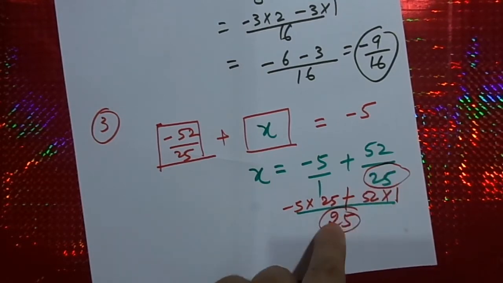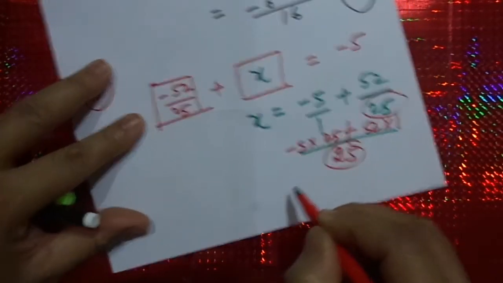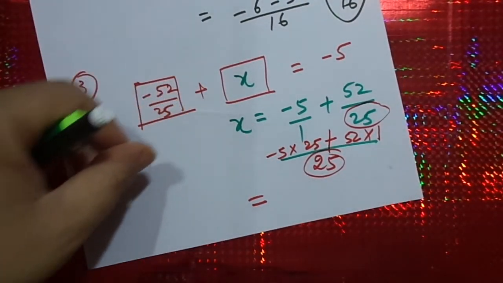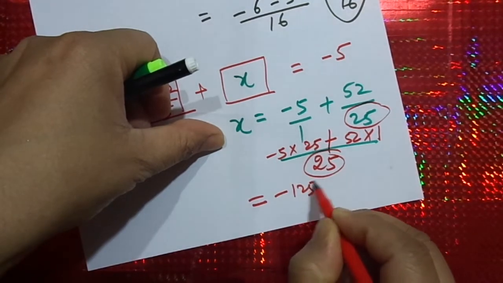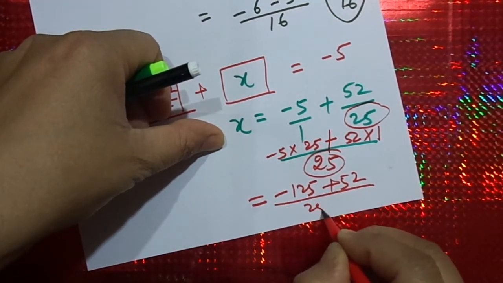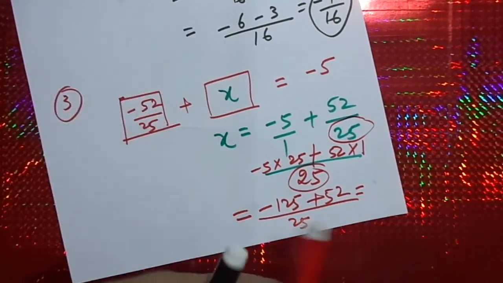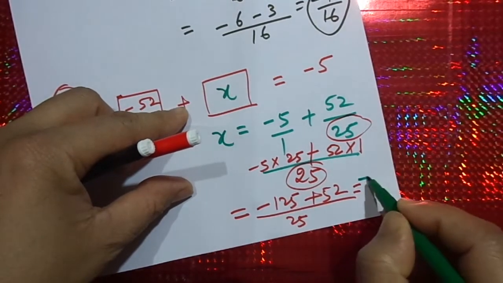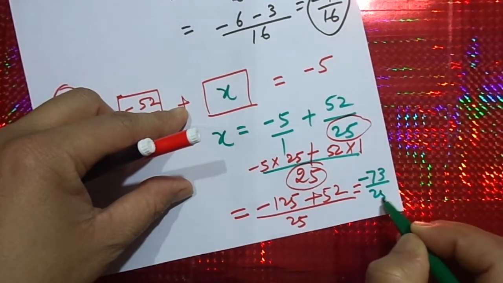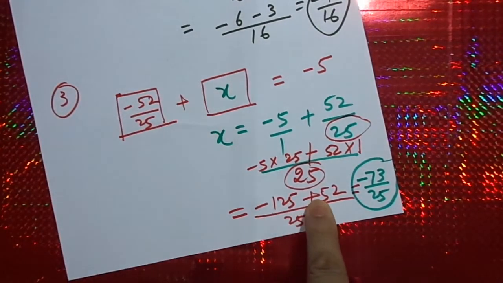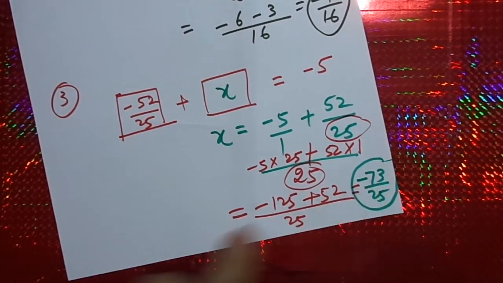Therefore naturally when you divide, you will get 1 over here. Let's solve it quickly. We are not to waste our time because time is very important. So minus 125 plus 52 by 25 will be equal to minus 73 by 25 as your solution. Both of them have opposite signs. The bigger number has the negative sign, isn't it?